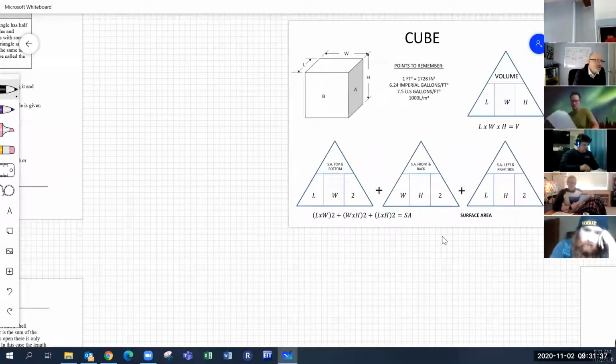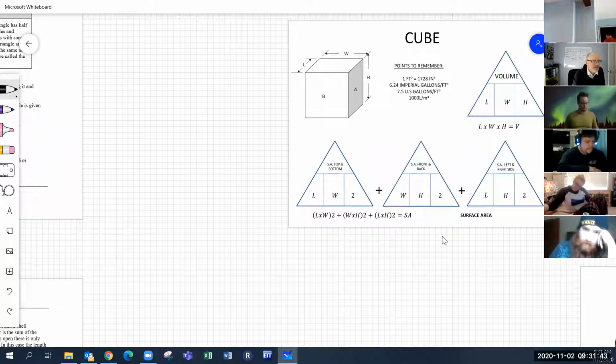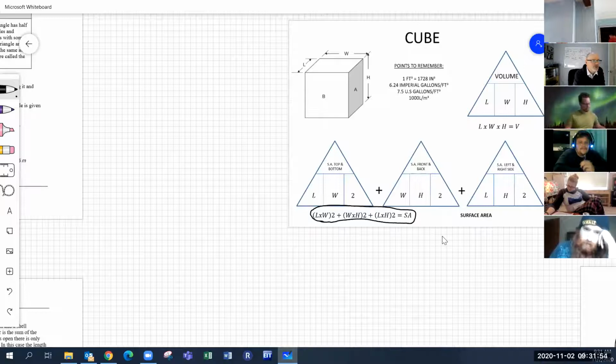Look at the surface area of a cube here. Surface area of a cube. As you can see, this is the formula. It's pretty long, this formula, right? Because as you know, there's 1, 2, 3. Over here, there's 4. On the back side is 5.